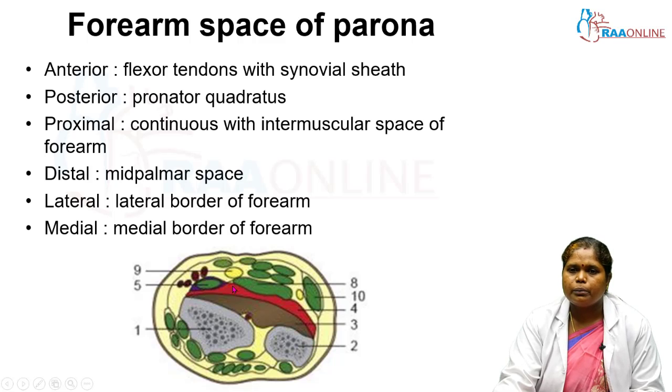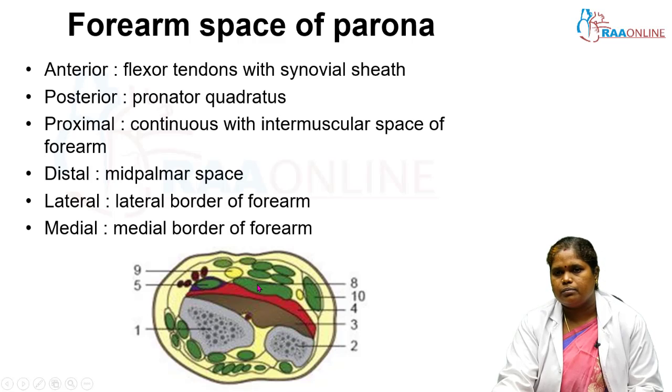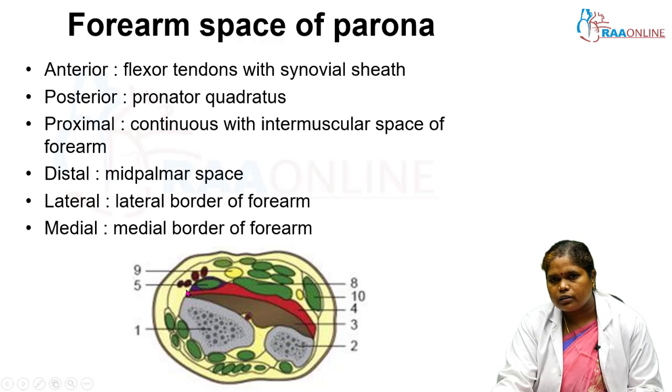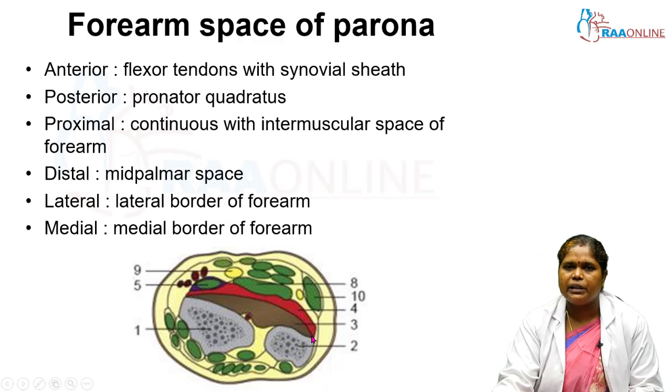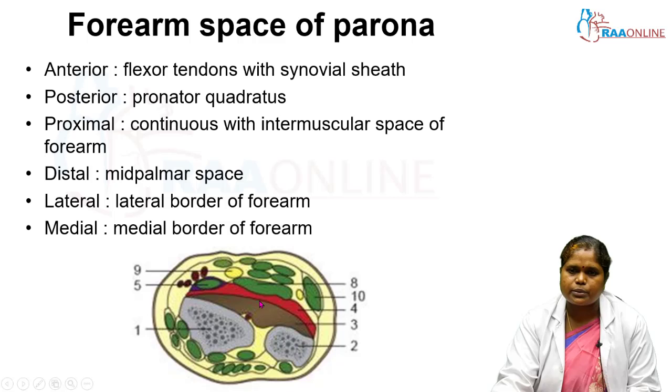Anteriorly it is bounded by the flexor digitorum profundus muscle. That muscle forms the anterior boundary for the forearm space of Parona. And laterally and medially, the lateral border and the medial border of the forearm form the lateral and medial limits. You just have to remember it is between the muscles, or otherwise you can say it is an intermuscular space.